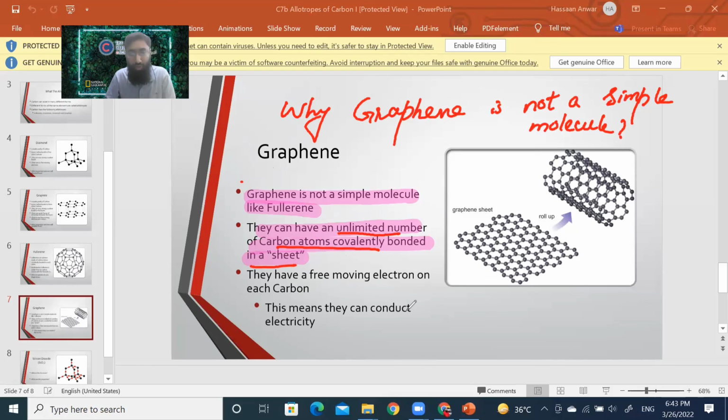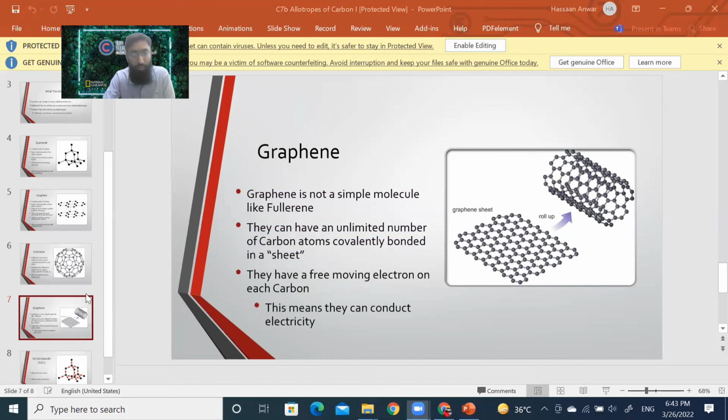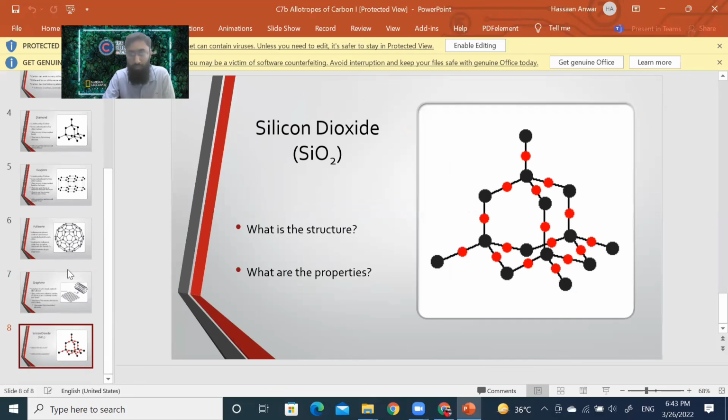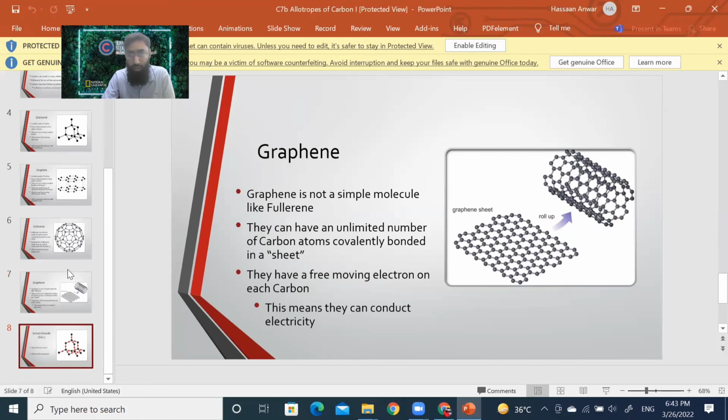The next question is, why is graphene a conductor? Because it has free moving electrons. So graphene is a conductor. The next is silicon dioxide.